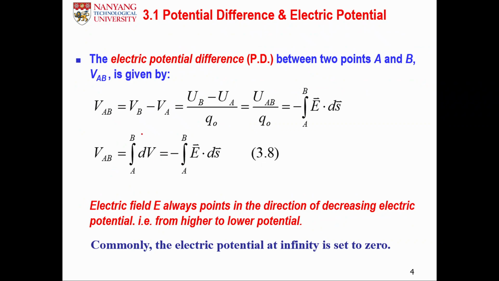And again, if we are interested in the potential at a specific point, let's say point A or point B, then we can define this VB, VA. And we have UB to VB, UA to VA.